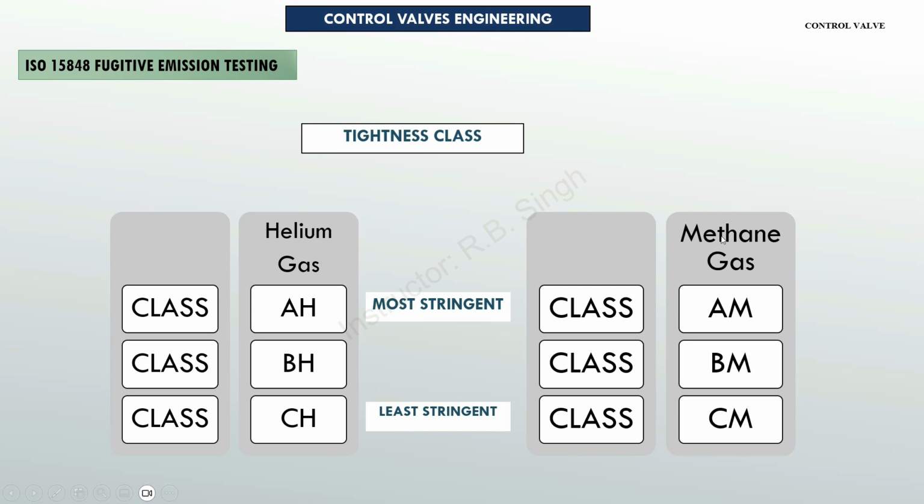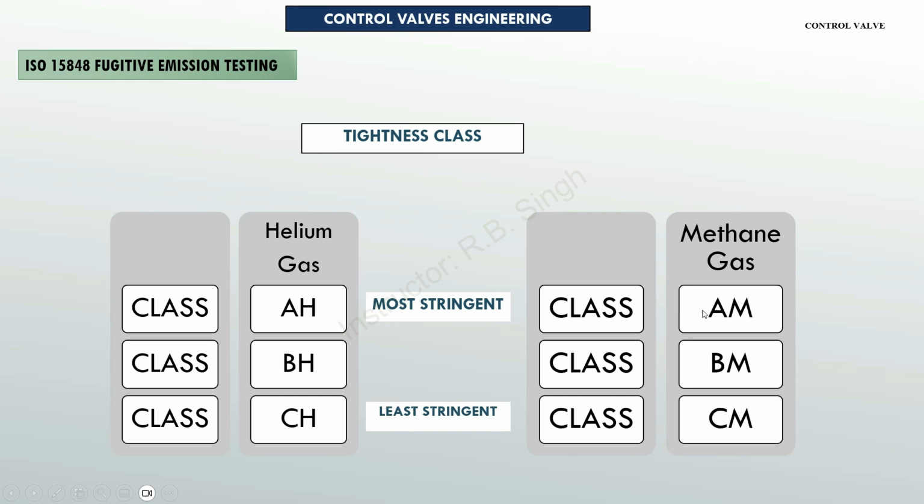One is helium gas and the second one is methane gas. With helium gas, if we do the testing, then we use the letter H, and if we are doing the testing with methane gas, then we use the letter M. So if a control valve is tested with helium, then it could have AH, BH and CH types of leakage or tightness class. AH is the most stringent condition where very little leakage is allowed, and CH is the least stringent where more leakage than A and B is allowed.